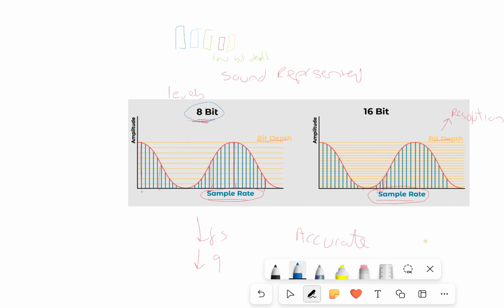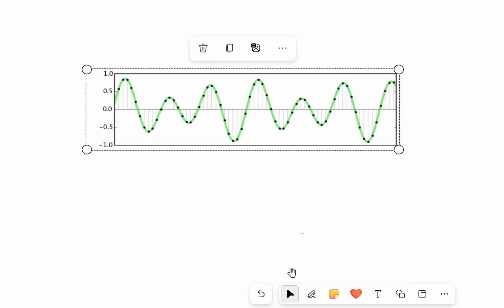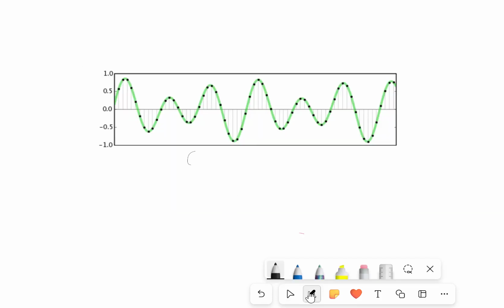The sample rate is all about what points of the song or sound we are going to store. Together, that is how sound is stored. But we also need to know it through calculations. So how can we calculate the file size of sound? We need to take into account a couple of things.